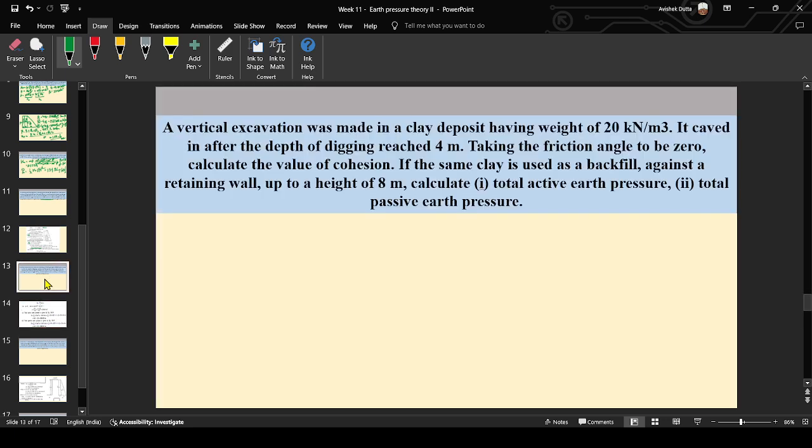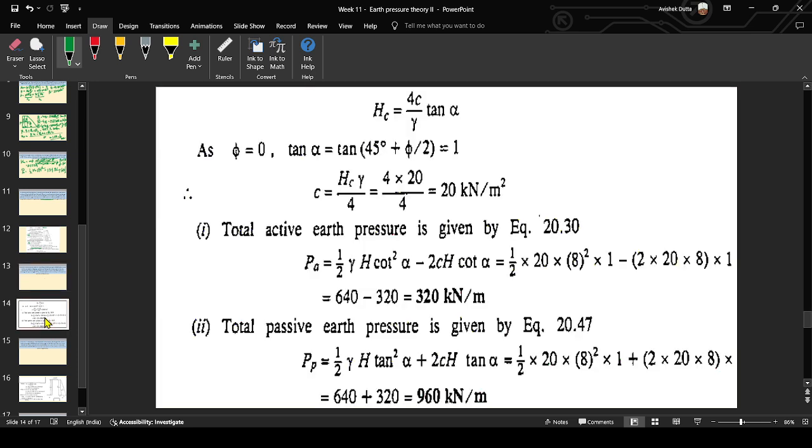For the value of cohesion, keep in mind the height up to which it can support itself, the unsupported vertical cut: hc equals 4c by gamma into tan alpha. Now tan alpha for phi equal to 0 is 1. So hc equals 4c by gamma, from which we can find the cohesion, c equals hc into gamma by 4.